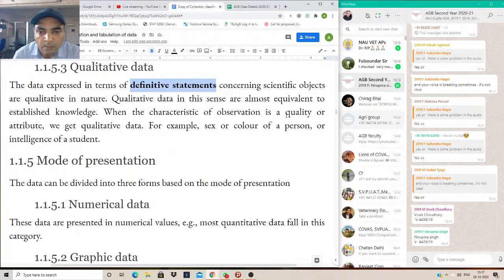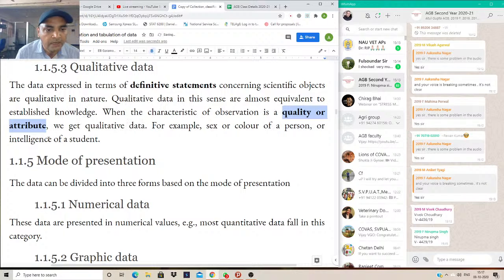So particularly when you measure the quality or the attribute, we go for qualitative data. Examples are the sex of a person, the color of a person, or the intelligence of a student. Such data generally are nominal or ordinal type of data. This we will be studying in the coming data types.